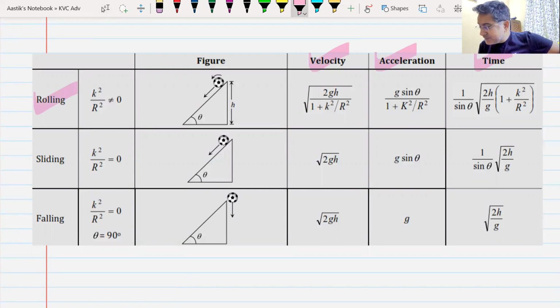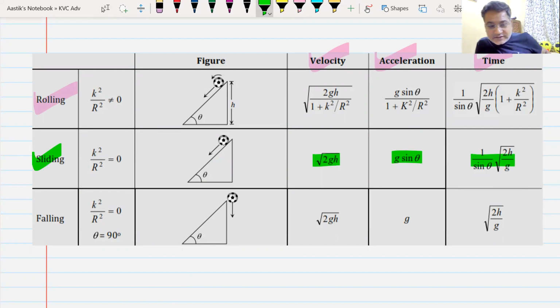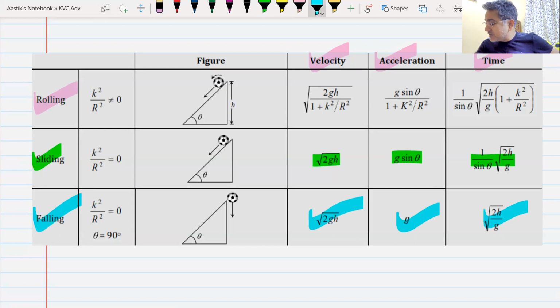If it is in pure sliding, Newton's laws of motion, these are the answers. Pure sliding, the body just moving like this and falling under gravity, sine theta becomes equal to 1, nothing else. And we have these answers for this body. Do we understand this, or has this gone above our head?